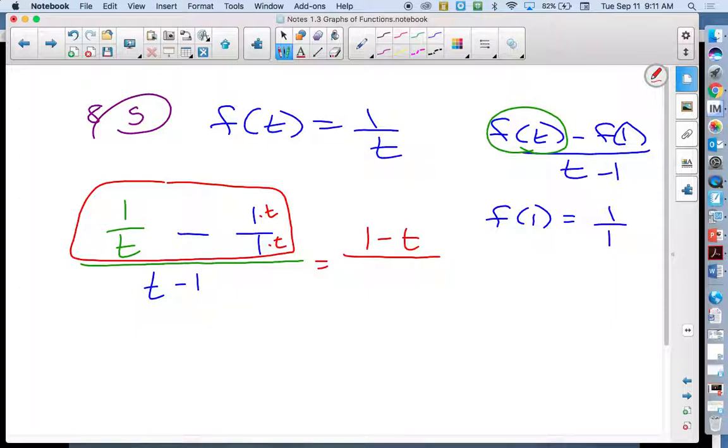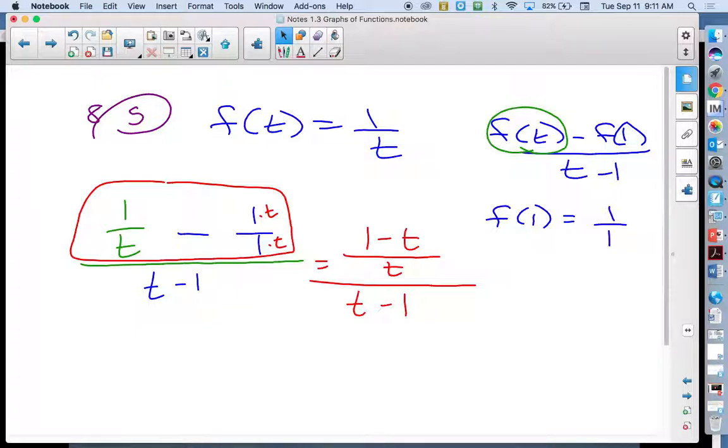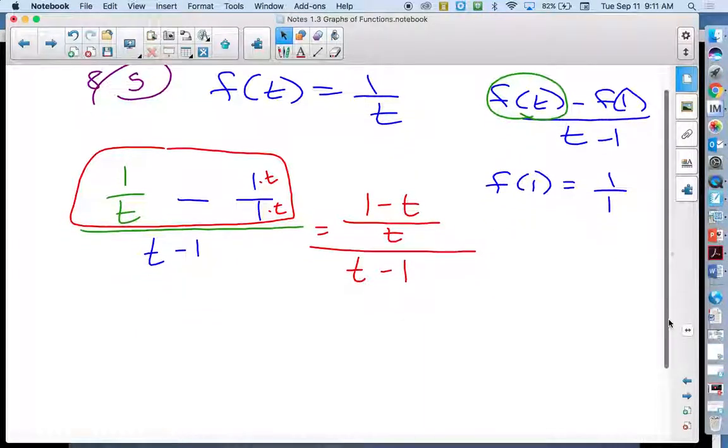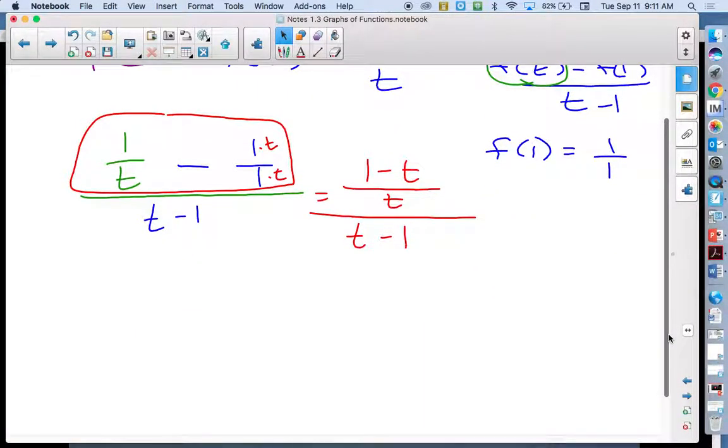The denominators are both the same, therefore we can do the subtraction, so that's a t. And then down here is still t minus 1. So this is a complex fraction because you have a fraction on the top and you still have something in the denominator. All I did with the top was get a common denominator to combine those two together. Questions? Wait, and that's your final answer?